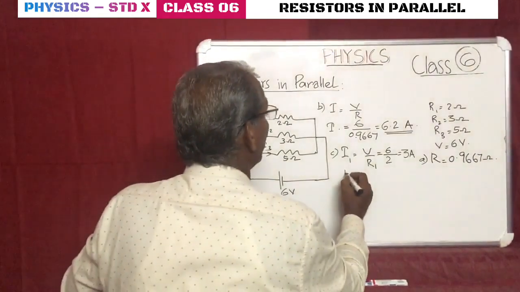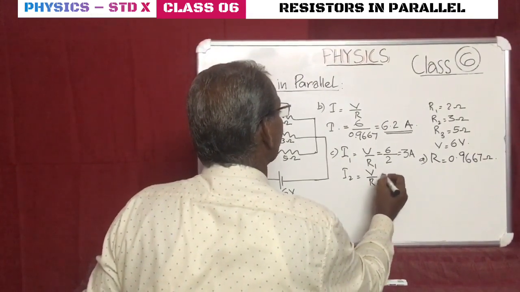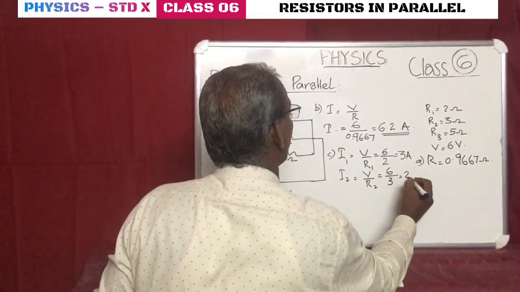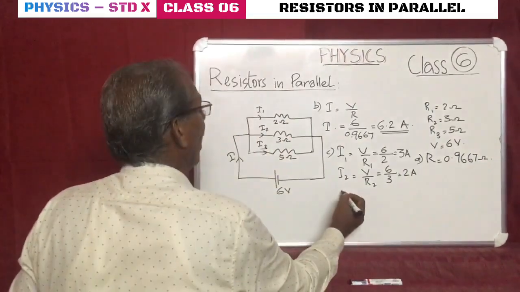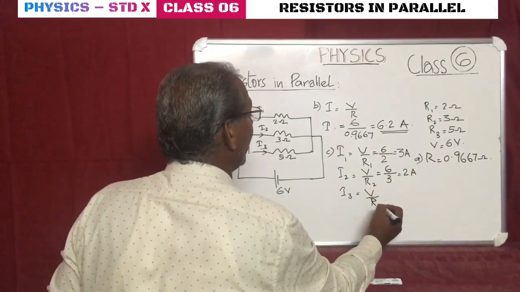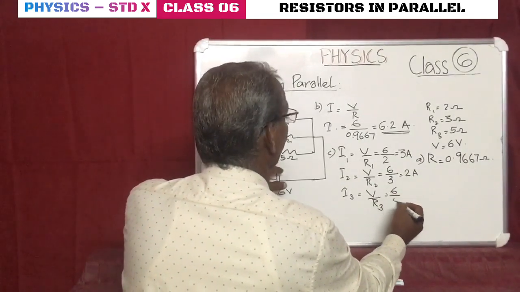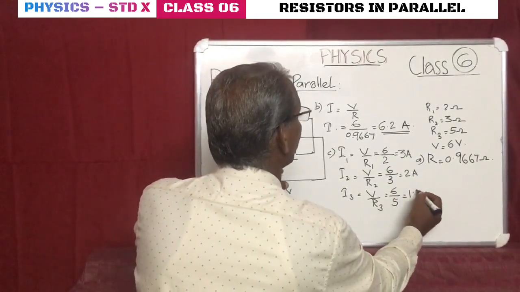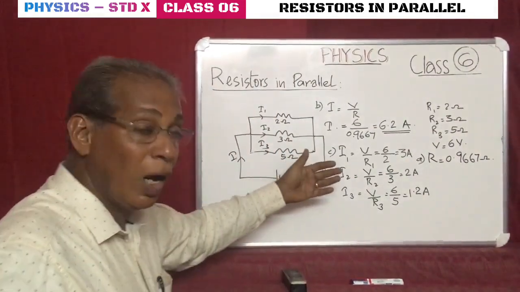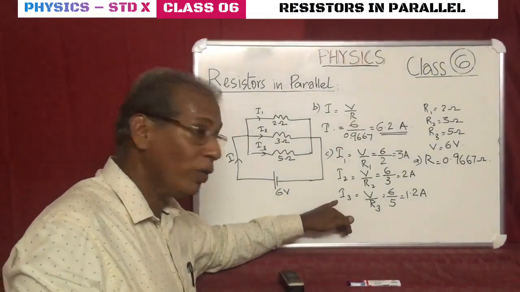Now comes I2, V by R2, which is equal to 6 by 3, which is 2 ampere. And I3, similarly we can write in the same manner, V by R3, which is equal to 6 by 5, 1.2 ampere. We have discussed earlier that the sum of these three branch currents will give the total current.